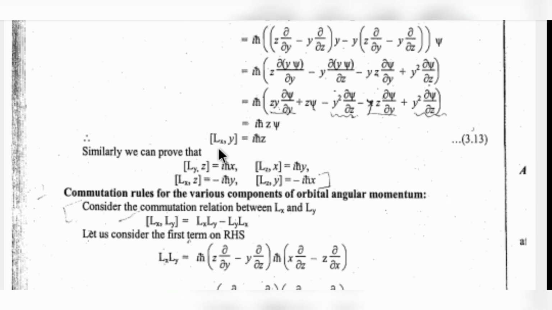When we put it, we have zy dψ/dy plus zψ minus y² dψ/dz minus yz dψ/dy plus y² dψ/dz. Y squared is a negative value and a positive value, so they cancel each other, and the remaining part is iħ zψ. So [Lx, y] is equal to iħ z, which is the remaining part.